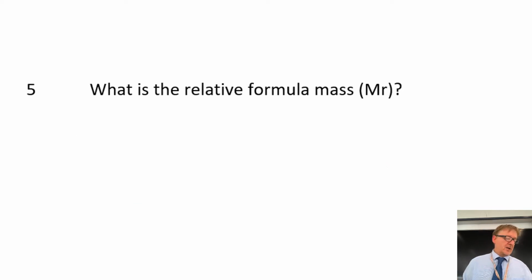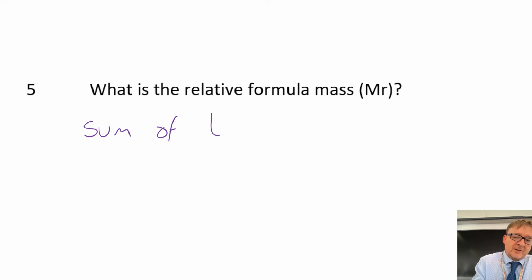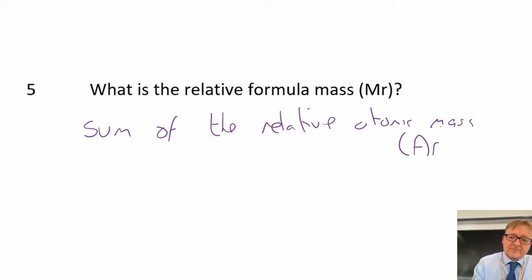Question number 5. What is the relative atomic mass? Okay, sorry, relative formula mass. That was a bit silly, right? It is the sum of the relative atomic masses, right? And often what we'll do is we'll do it as an Ar.